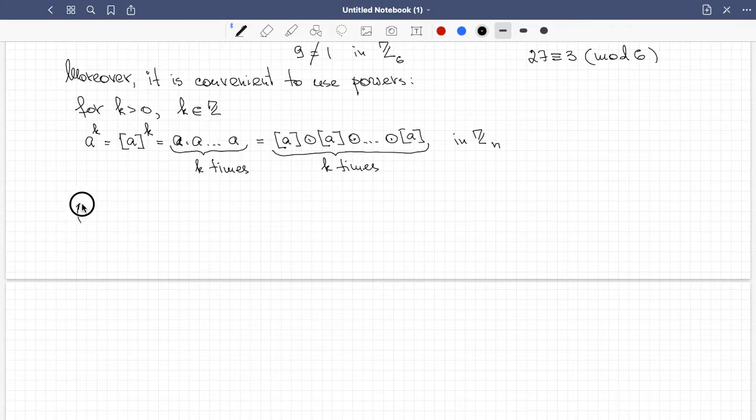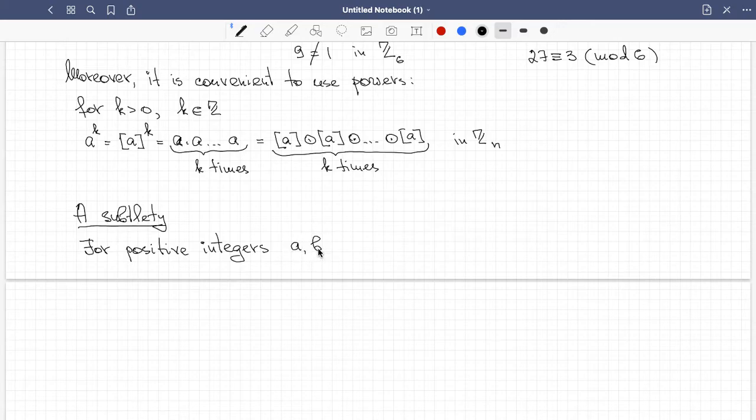For positive integers A and B, there are several interpretations, two interpretations for the product AB in Z mod n.